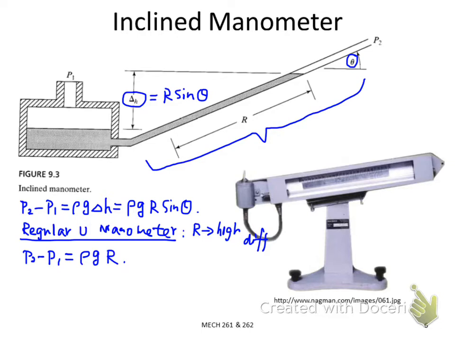The way we read the height on the tube is that you have those scales, and usually you always have a minimum scale. Assuming the minimum scale or minimum division, we say that is ΔR. That's the smallest reading.